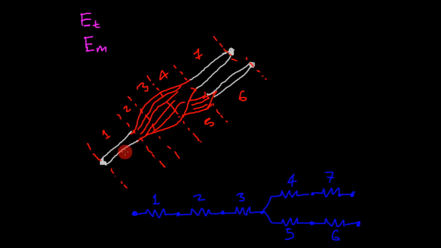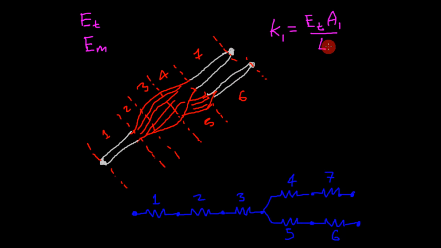If you assume that it's circular, then from the diameter you can get a cross-sectional area, and we know from previous videos that the spring constant, let's say K1, because K1 is a tendon, we'd use the elastic modulus of the tendon that we can take from tables of known tendons of similar muscles from similar species, and you multiply it by the area of that section and divide it by the initial length of that section.